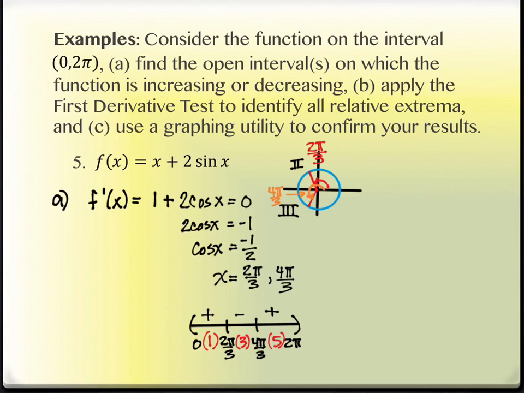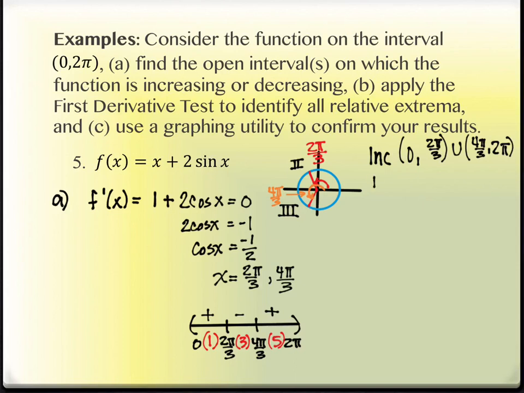All right, so let's identify increasing, decreasing. So it's increasing on this first piece, 0 to 2 pi thirds. And it picks back up over here on the ending piece, 4 pi over 3 to 2 pi. Okay?